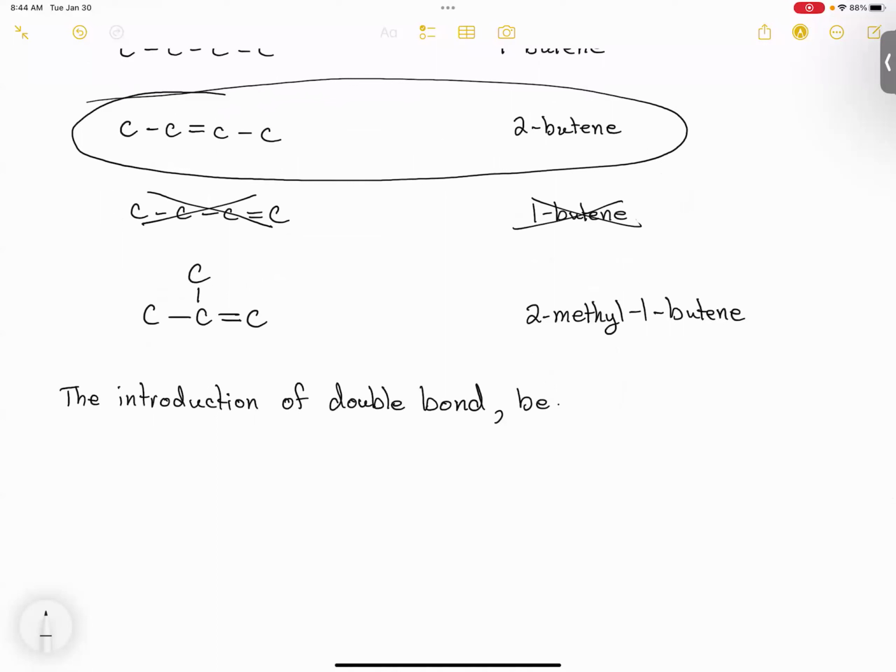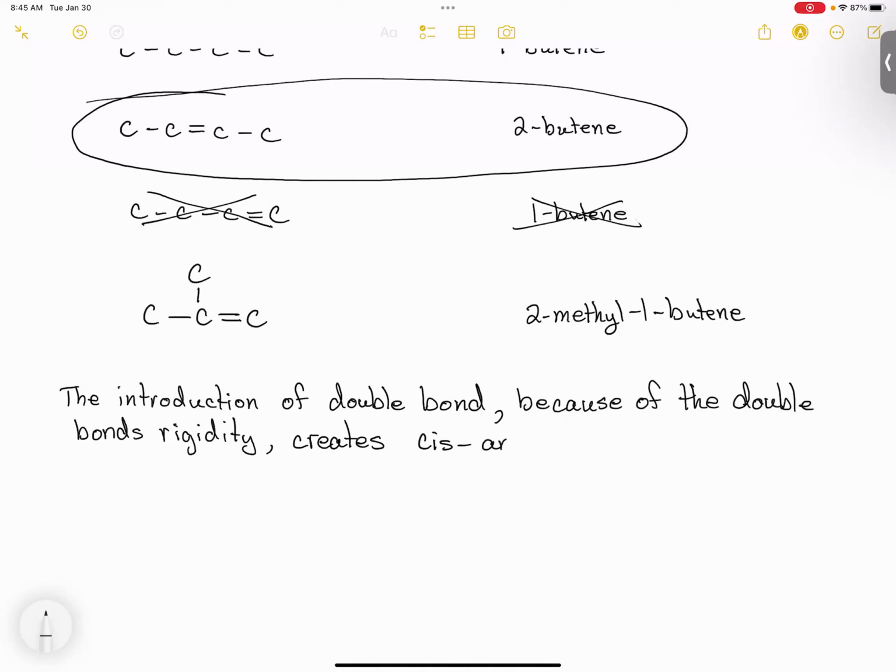Because of the double bond's rigidity, the introduction of a double bond creates cis and trans isomerization.